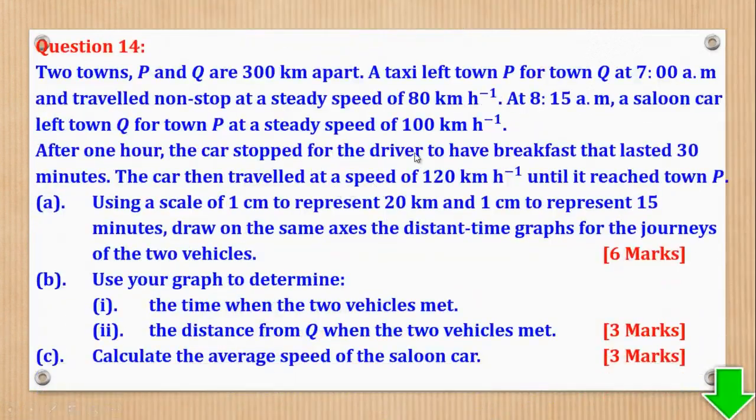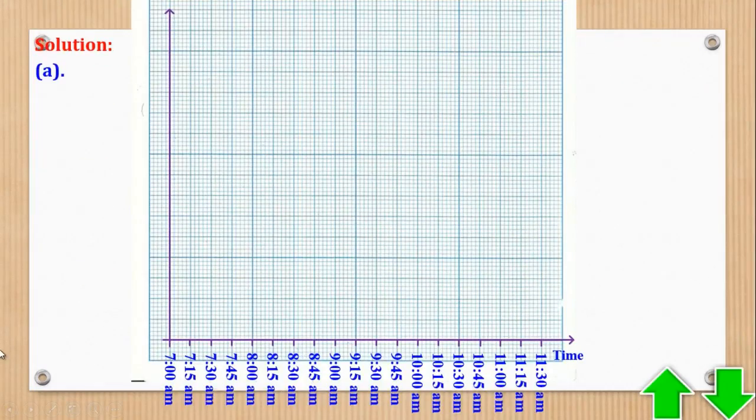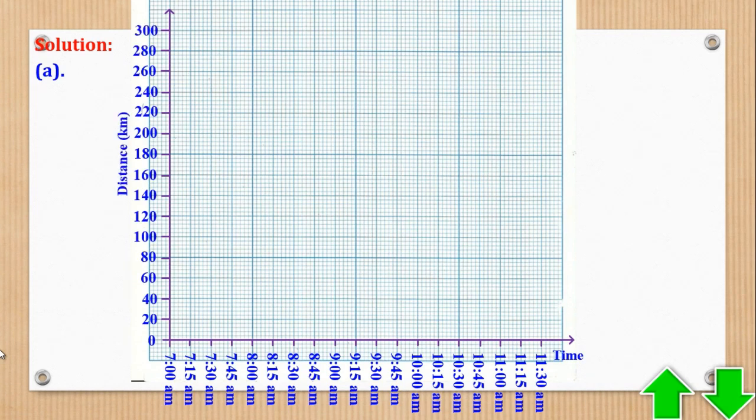For the distance, they said 1 centimeter to represent 20 kilometers. So we shall come here and also put the scale for the vertical, where 1 centimeter represents 20. So you keep on adding 20, 20, 20 at the end until we reach 300, because 300 is the total distance apart.